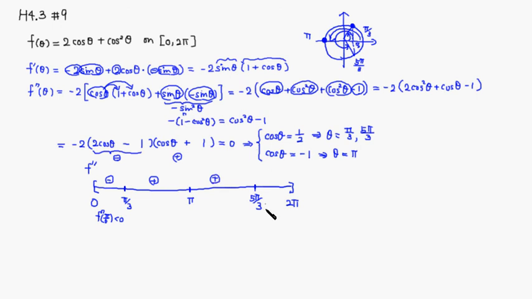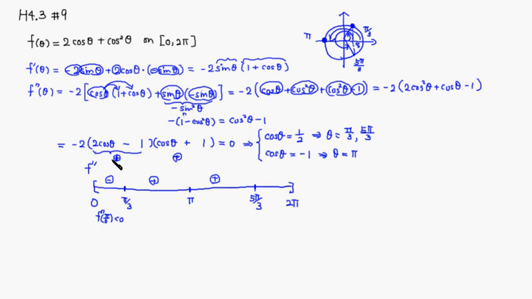right? So any angle between 5 pi over 3 and 2 pi is going to be over here. So we can see that 2 cosine of theta minus 1 is going to be now positive. Right? This guy is going to be always positive because you're adding 1 to it, because the best we can do is negative 1.